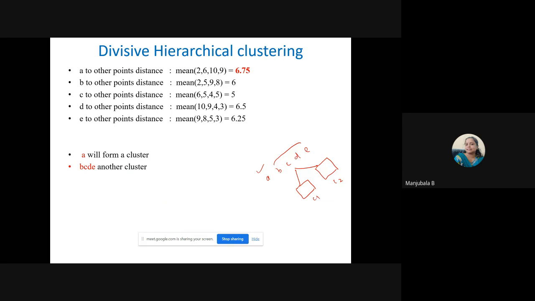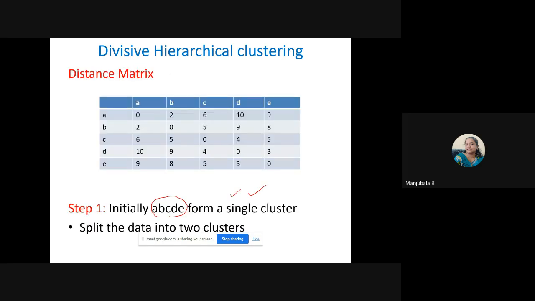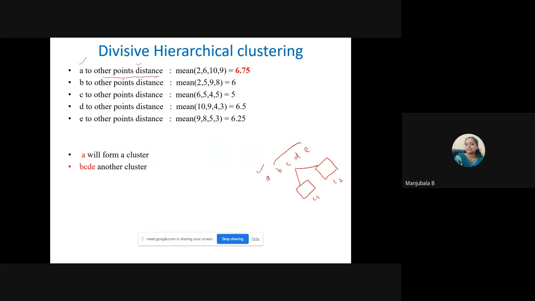From A to the other points: B is 2, C is 6, D is 10, E is 9. This is the Euclidean distance we have already calculated. You take the mean of 2, 6, 10, 9 and you get 6.75.